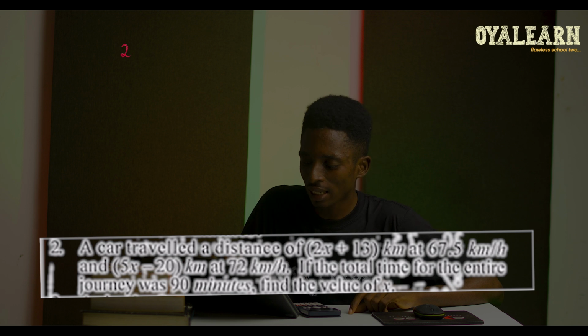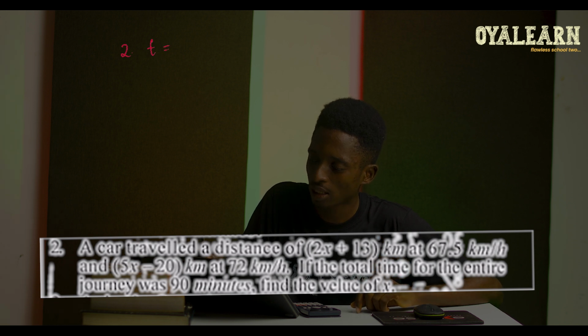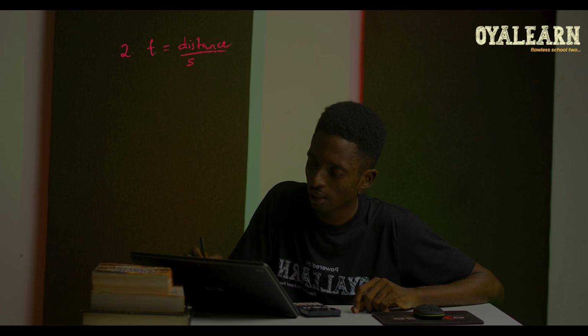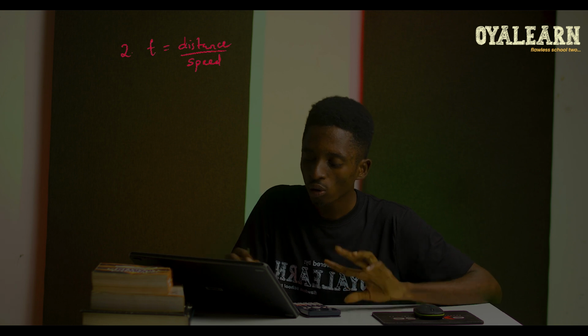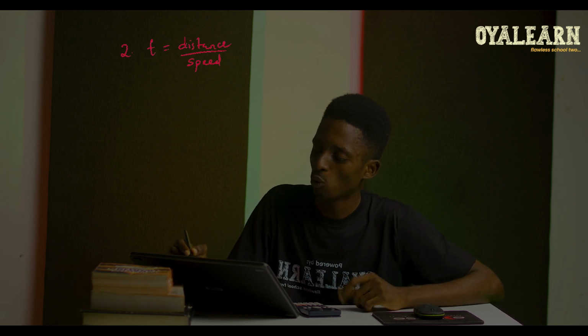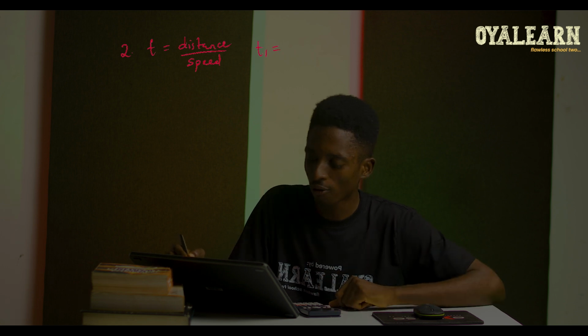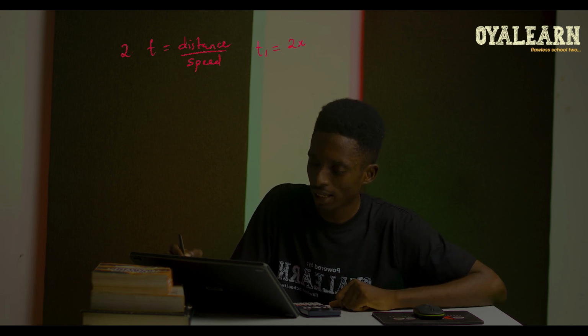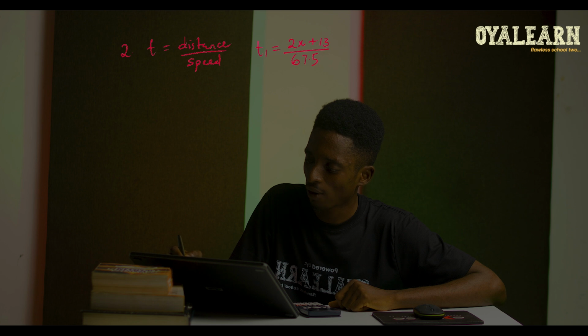Now, using this information, let's break it down. We can see that we can find time. The relation between time, distance, and speed is that time equals distance over speed. Since we are given two different distances at different speeds, we will name them T1 and T2. T1 is, according to the information in the question, 2x plus 13 over the speed used there, which is 67.5.